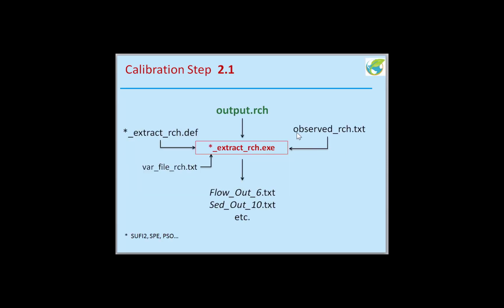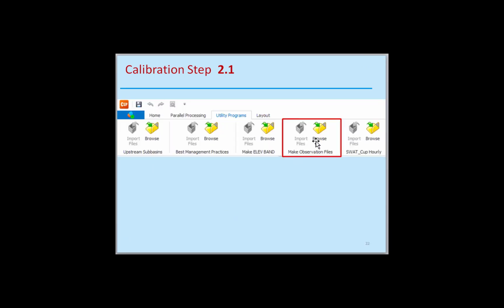Now, as I said before, the hardest thing in preparing input files of SWATCUP is to make the observed reach file and the observed.txt file for calculation of objective function. To make life easier, I have created a program called Make Observation Files. This program resides in the utility program.